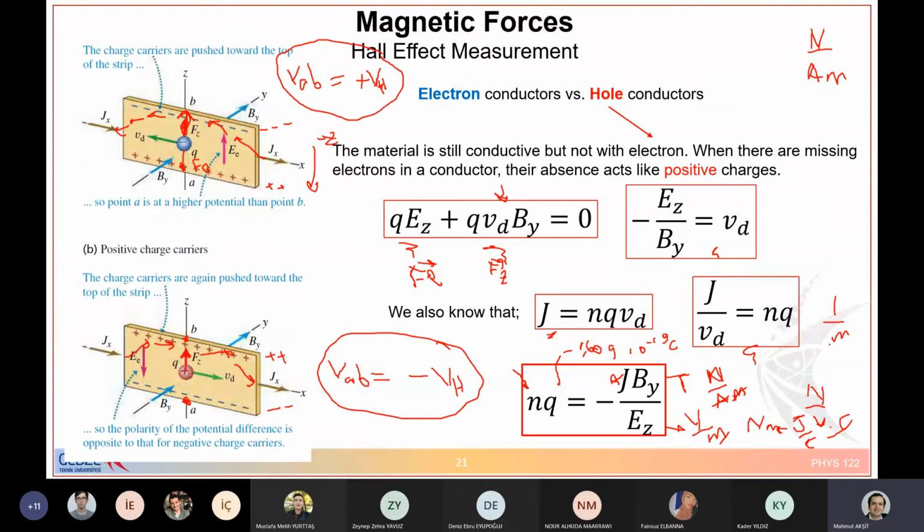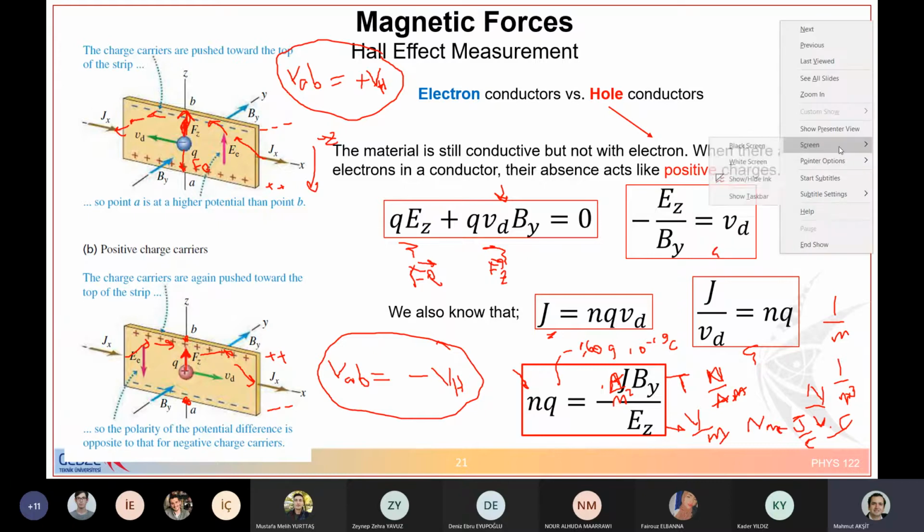I'm making a mistake here. Oh, this is current density, not current. So this is amperes per meter square. Current density. That's why then we already had 1 over meter. We should have 1 over meter cube, and yes, that's the correct unit for number of particles per unit volume.